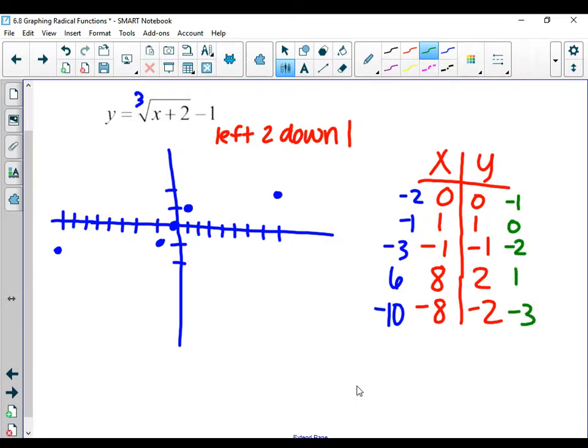So if you are someone that really likes the table, if I go left 2, I affect my X value. If I go down 1, that affects my Y value. Whoops, that's not right. -2, -1, 0.